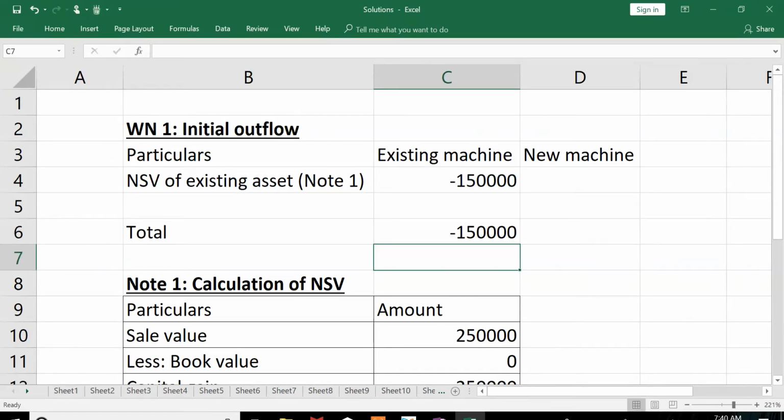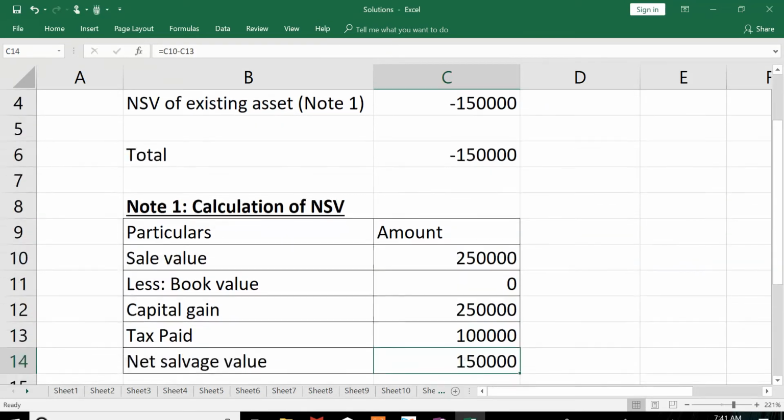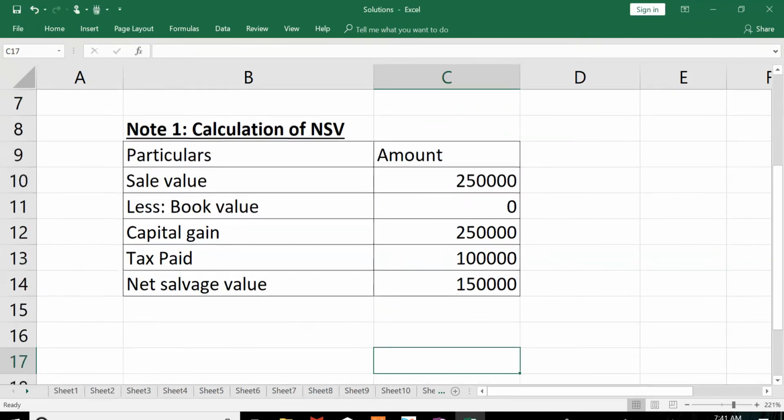I'll not go to the new machine till now. Existing machine 1,50,000. Any doubts on this? Can we proceed? Any doubts? Working note 2.